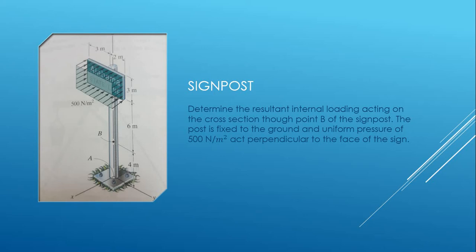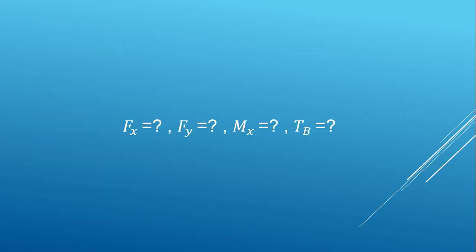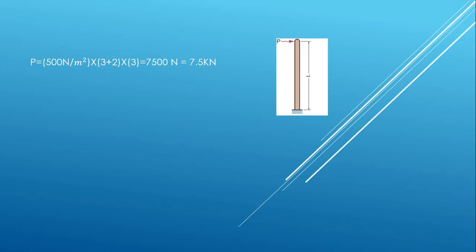Here we have force in the X direction and the Y direction, and also the resistance moment and torsion if we have it. To solve it, first of all we can convert the pressure to a concentrated load.